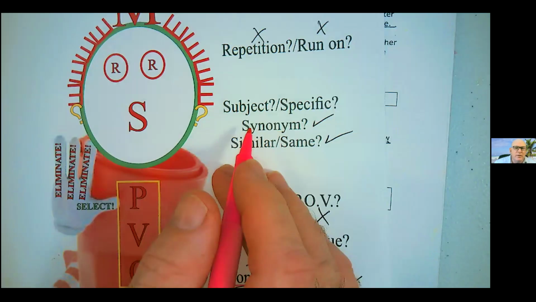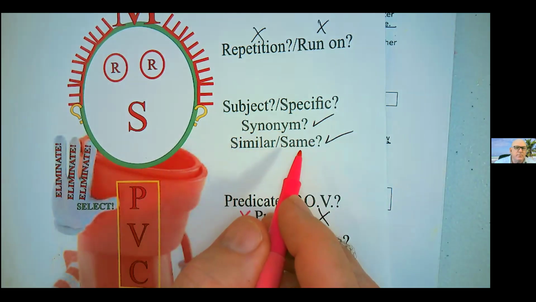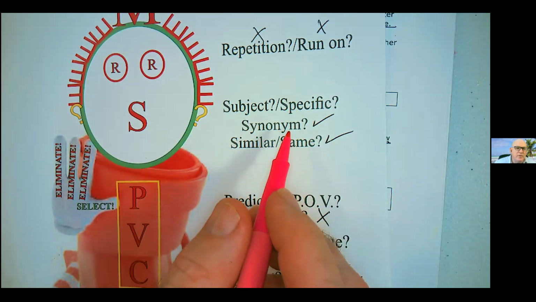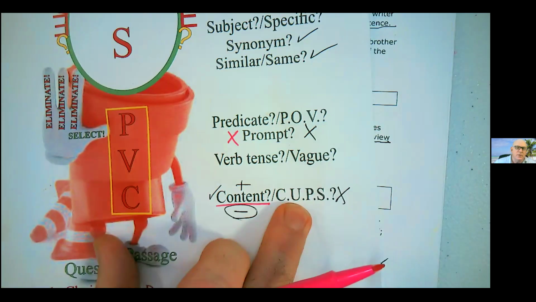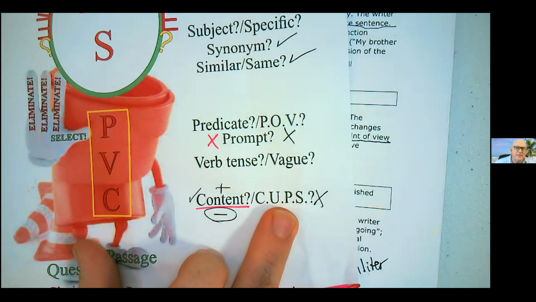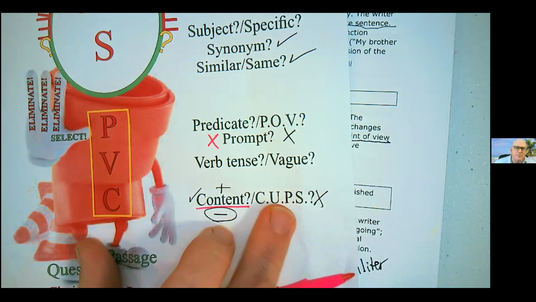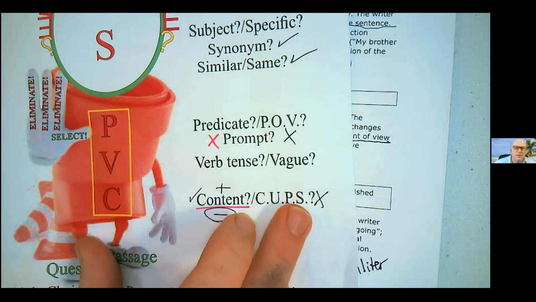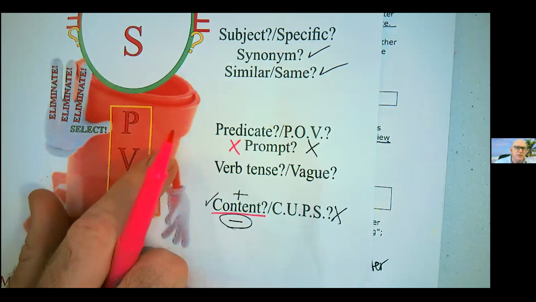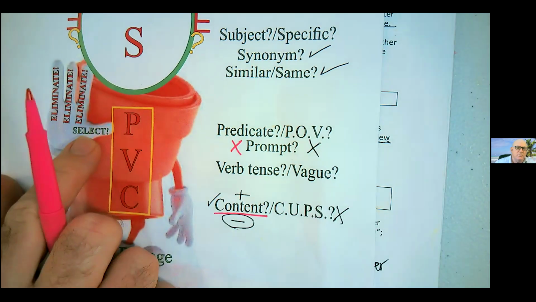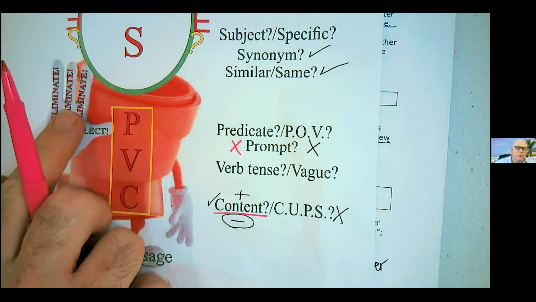It won't be a synonym or something that means the same or is similar. It will be the exact same content on multiple choice. And the other thing that a multiple choice answer will be different on is the CUPS, the capitalization, usage, punctuation, spelling have to be accurate on the answer choice because adults created the four responses, and typically you're going to select one, sometimes two, and eliminate three.